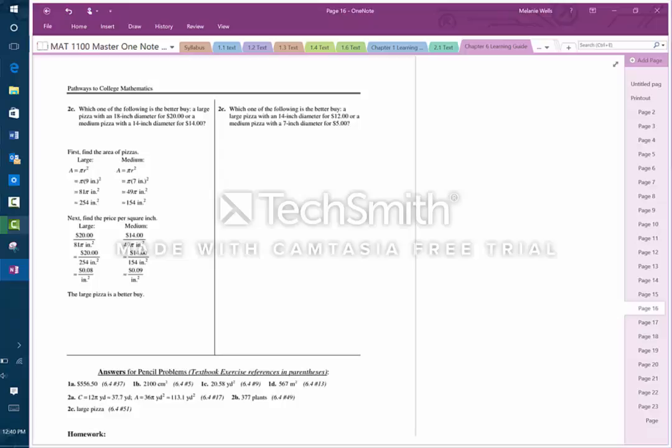And then we've got which one of the following is a better buy? A large pizza. So to decide a better buy, we want to look at its area. So for the large pizza, using pi r squared, and then we have a medium pizza, we'll find its area as well. Okay, for the large pizza, it's got a diameter of 14 inches, so it would be a radius of 7 inches.